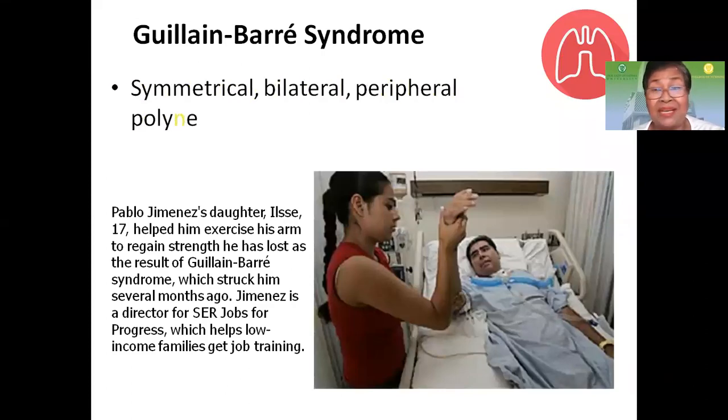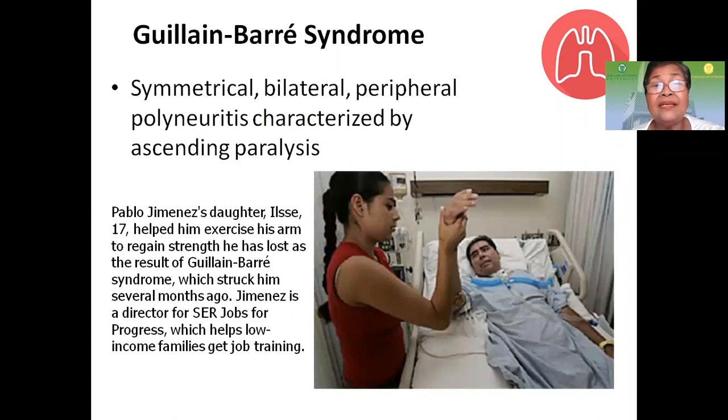Another is GBS, Guillain-Barré syndrome. Also in here, there is symmetrical, bilateral, peripheral polyneuritis characterized by ascending paralysis. Ito naman, it affects the myelin sheath of the peripheral nerves. Kaya the condition starts with a weakness of the lower extremities, no?